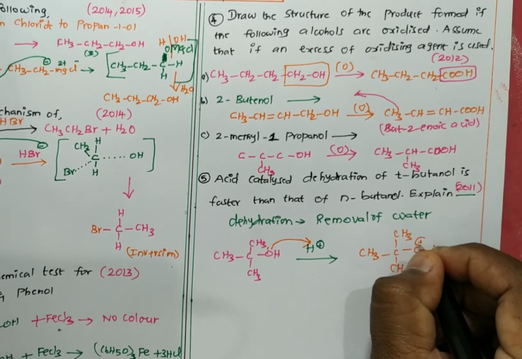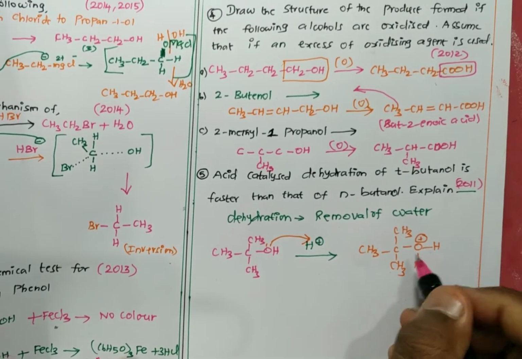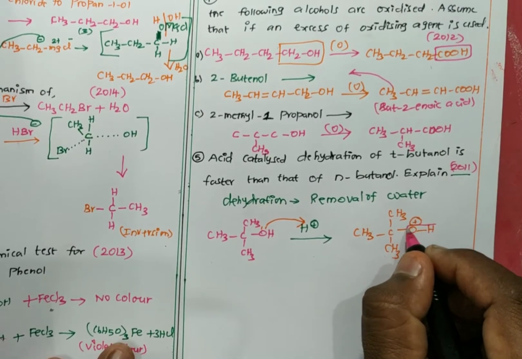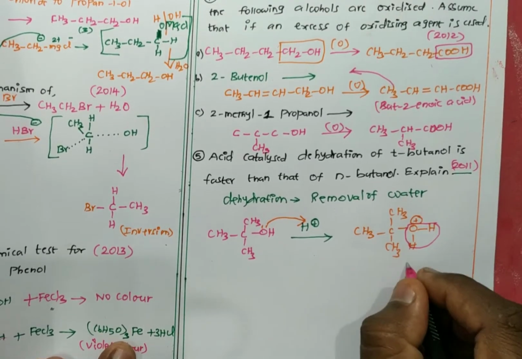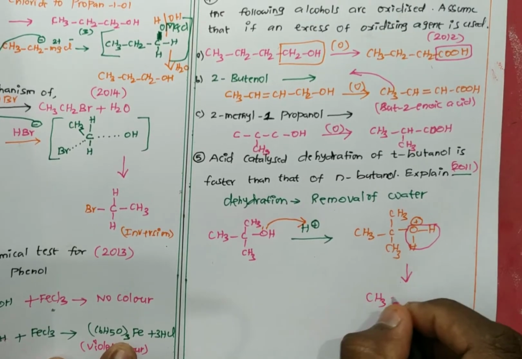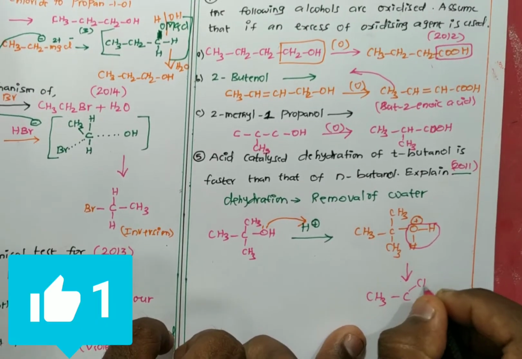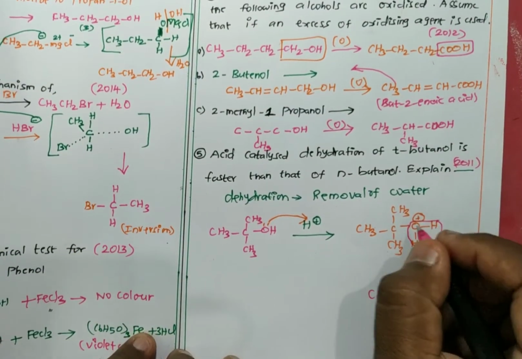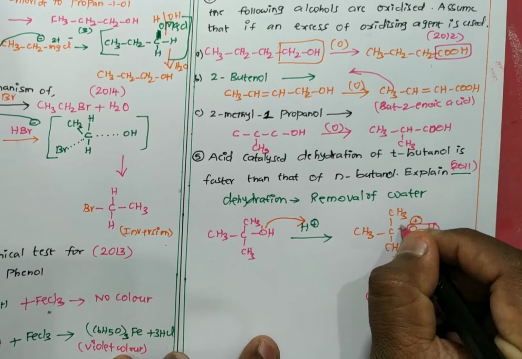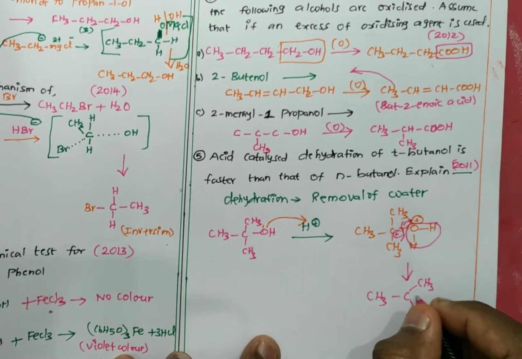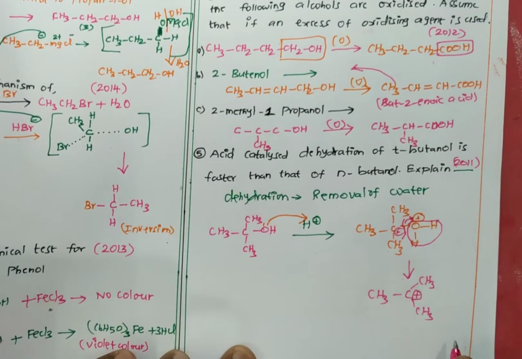Because of the donation of electrons, it got a positive charge. Because in a single oxygen, 2 hydrogens are there, it needs to be removed as a water molecule. By that way, I will be getting a product like this, CH3, C, CH3, here CH3, along with one positive charge, because if this bond is getting broken, it needs to be neutralized. By that way, you will get a positive charge, and I will be getting a carbocation.